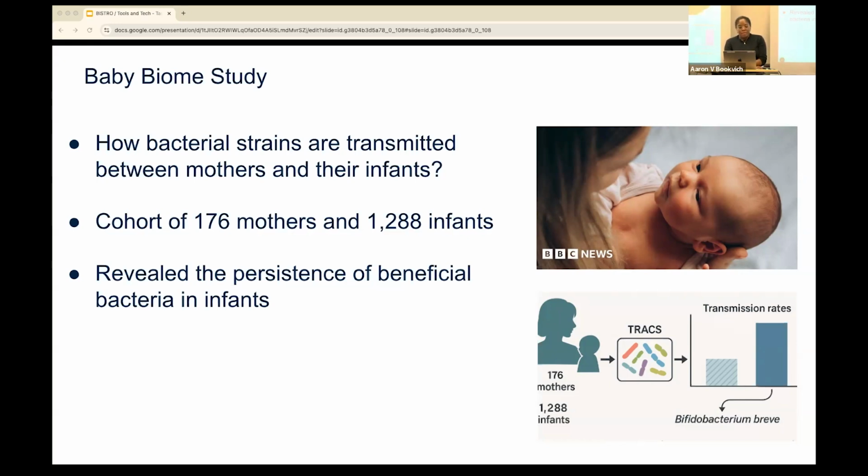And so it really demonstrated this reduced strain sharing, and it also showed reduced strain sharing with C-sections as compared to vaginal births. And this really species-dependent persistence. And so it really highlighted the importance of precise strain level tracking for understanding the microbiome, implications for human health, and how bacteria are transferred from person to person.